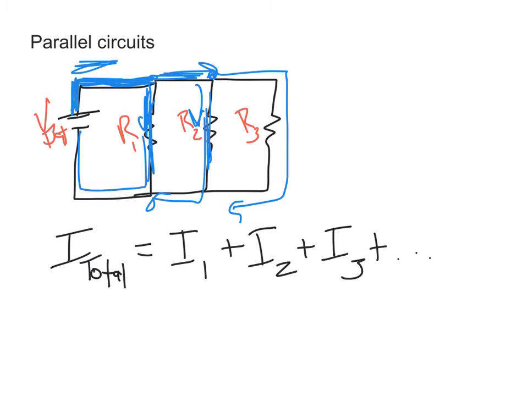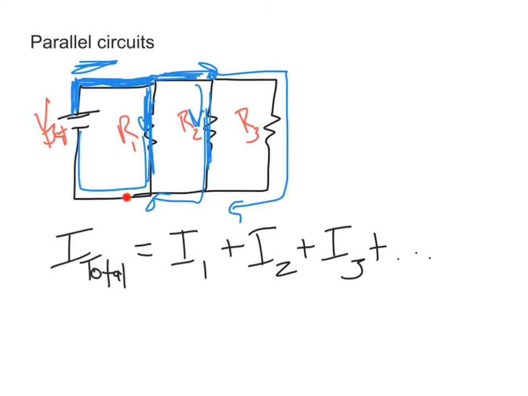Now, let me ask you this. Back to the situation of potential difference. If I have a battery, it's got the potential, right? So when it gets to here, it's going to go through this resistor and drop. But isn't that resistor essentially connected directly to the battery? And what about resistor 2?